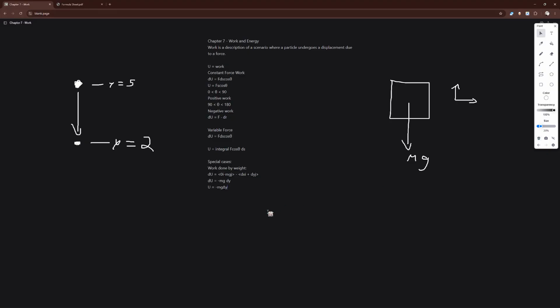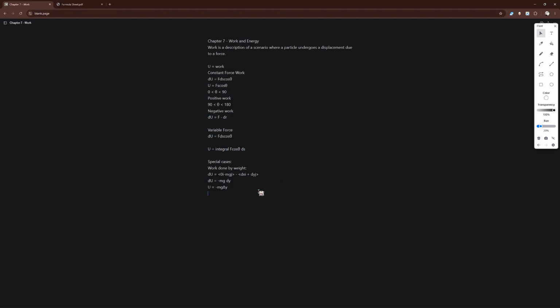All right, so now we have work done by a spring. So this is another special case, work done by spring. Right? So recall we have that Fs is equal to negative Ks, right?